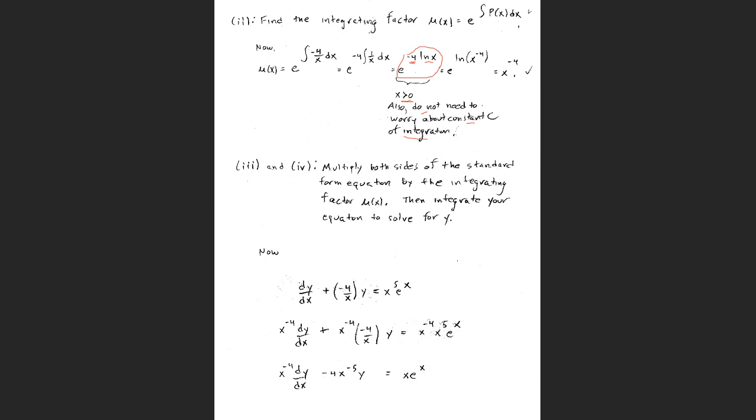So by the log rules, this equals e to the log of x to the -4th. But then the exponential and log function simplify out, leaving you with x to the -4th. Okay, and that's your integrating factor. Let me know if you have any questions.